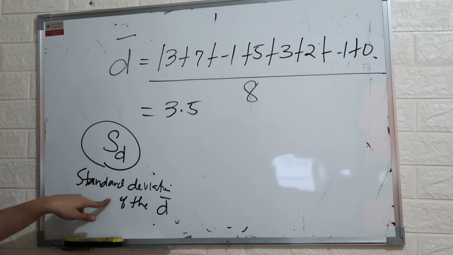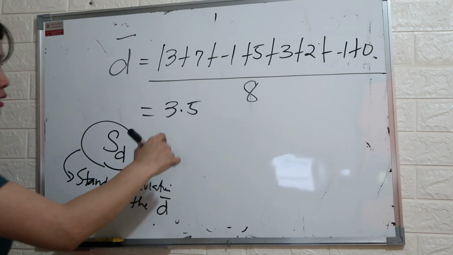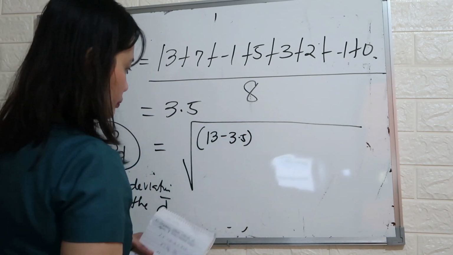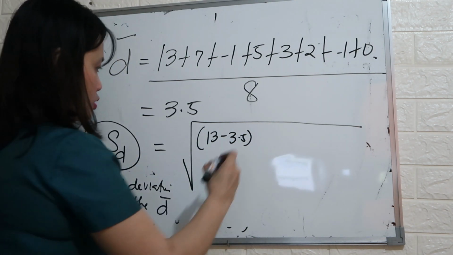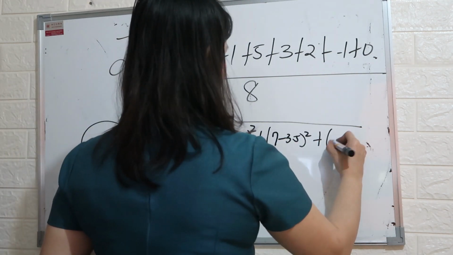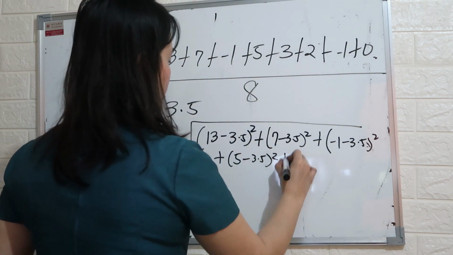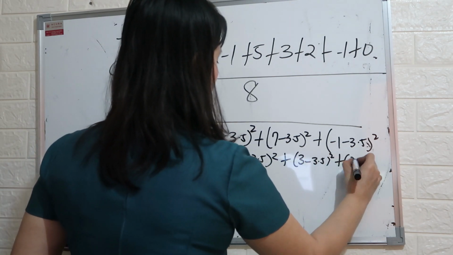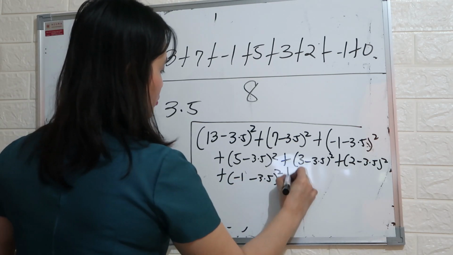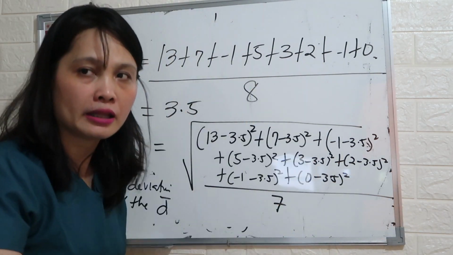To solve that, it will become the square root of 13 minus 3.5 squared plus 7 minus 3.5 squared plus negative 1 minus 3.5 squared plus 5 minus 3.5 squared plus 3 minus 3.5 squared plus 2 minus 3.5 squared plus negative 1 minus 3.5 squared plus 0 minus 3.5 squared, all over n minus 1, so you have 7.